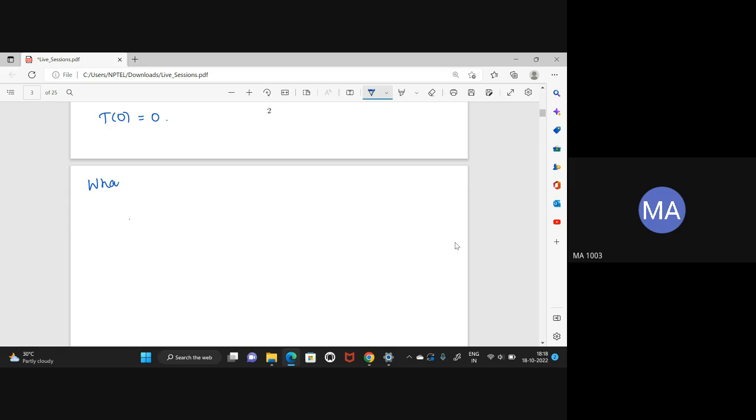What is a one-to-one map? When you have a function, you talk about a function being one-to-one, a function being onto, and all that, right? What is a one-to-one function? One input to one output, ma'am. So what did you say?